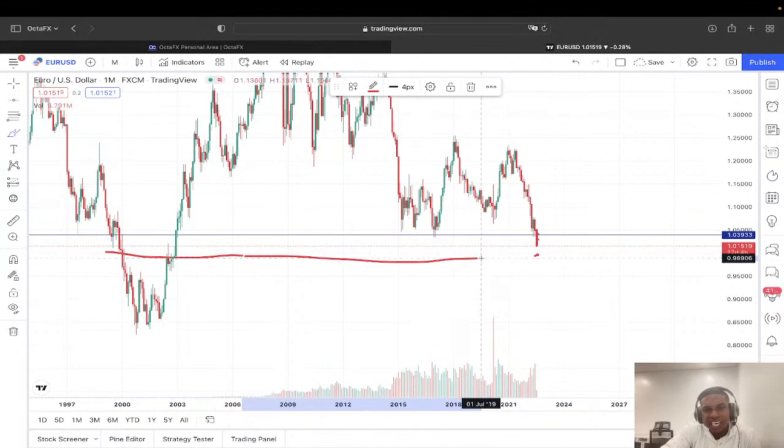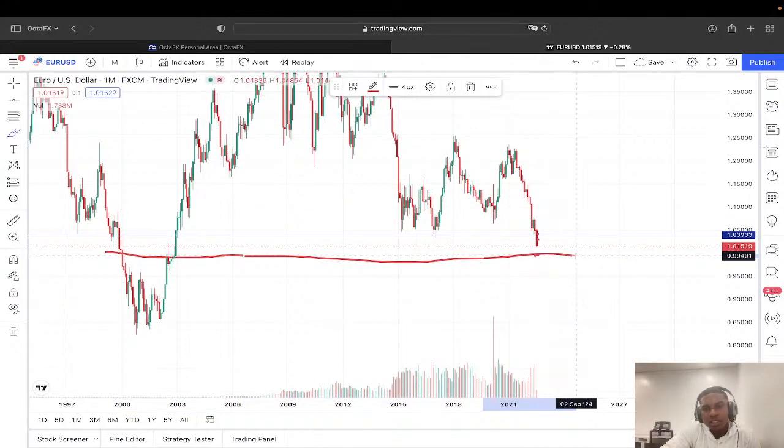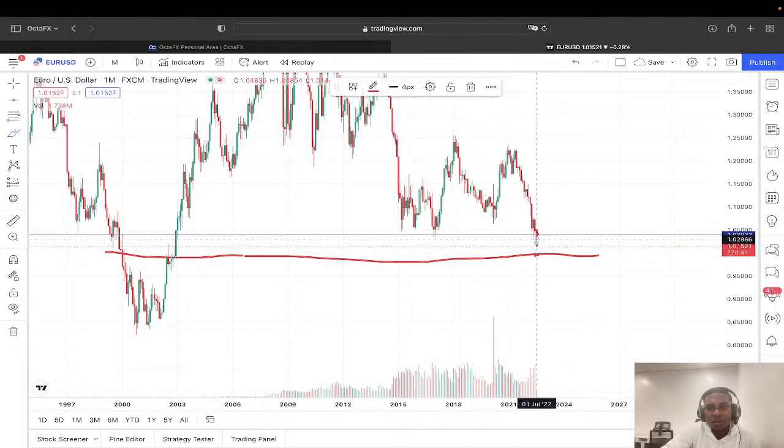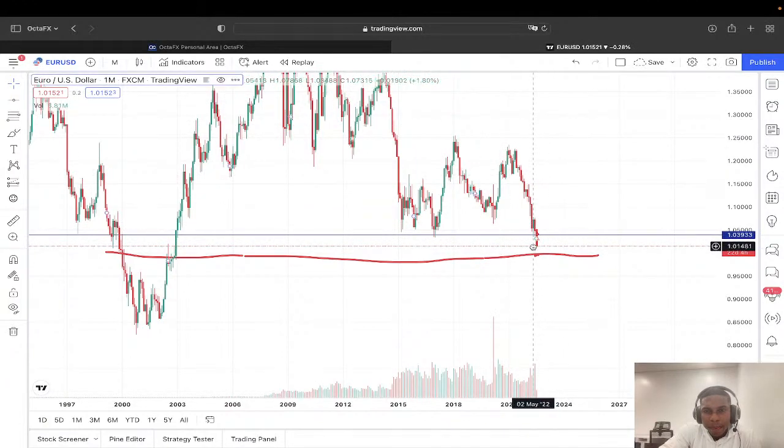That's the next support level, and price will surely come to this next support level. Let me pick this. I want to show you something. Price would surely come to this support level.